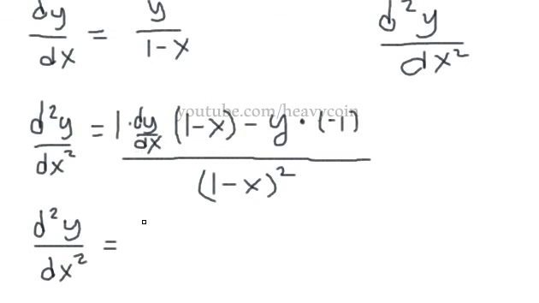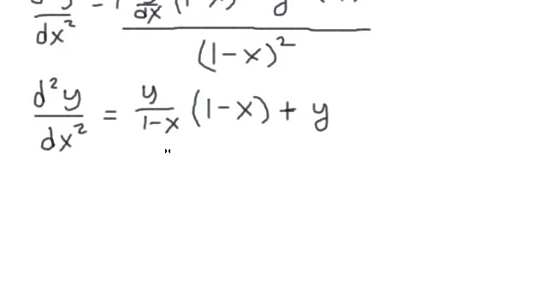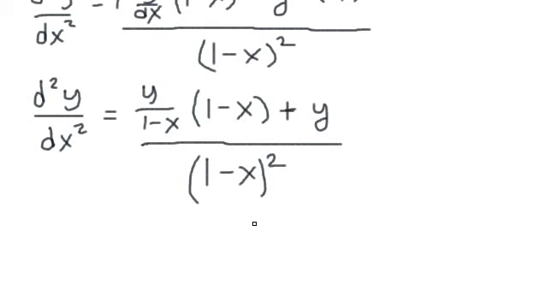Right, so this is going to be y over 1 minus x times 1 minus x plus, because we have a minus and a minus, that's going to make that a plus, y. And that's going to be all over 1 minus x quantity squared. Now look at here. I've got a 1 minus x up here and a 1 minus x down here. Right? We can cancel one of those out.